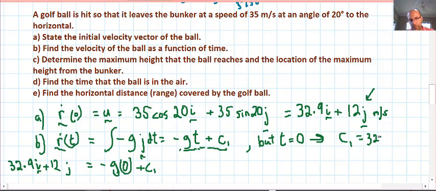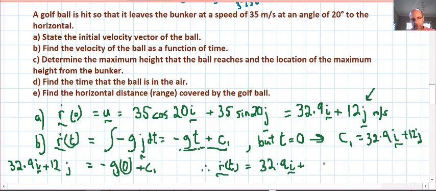So we know our full equation now. You should be getting used to doing that step, and you should know what to expect each time you do it. So we've got positive 32.9i for the whole vector plus 12 minus gt j meters per second.